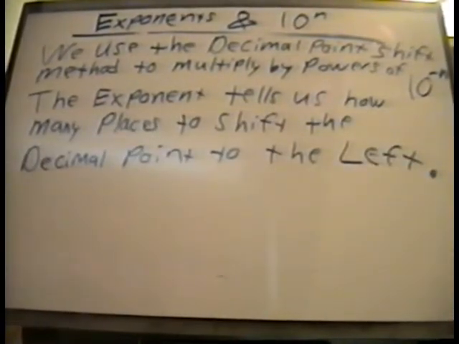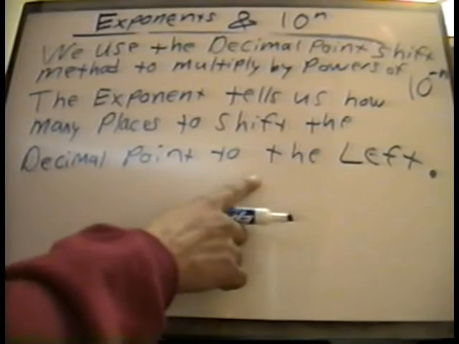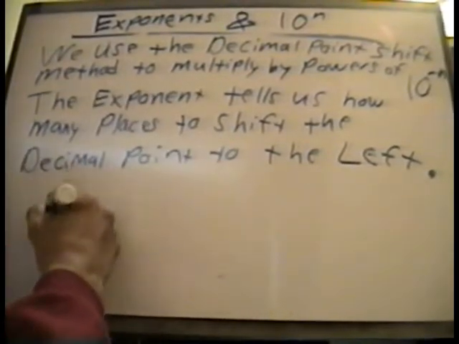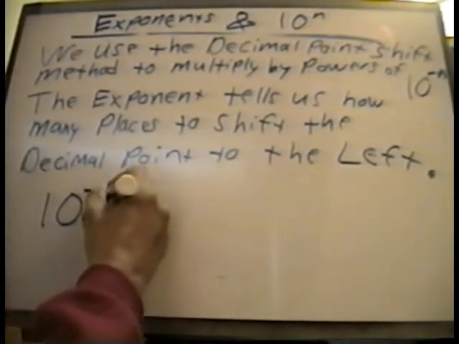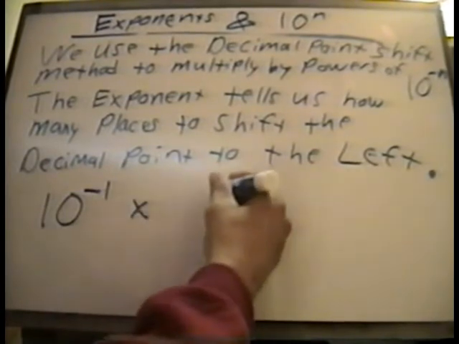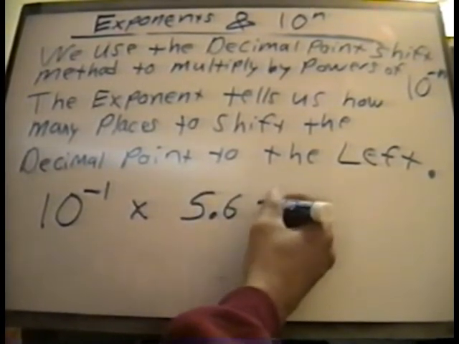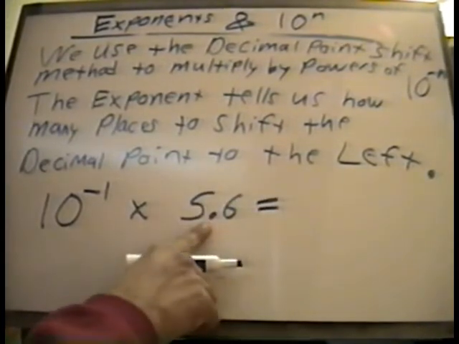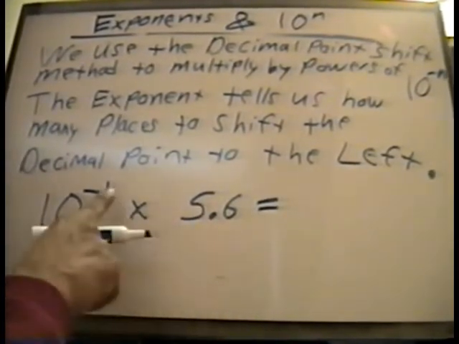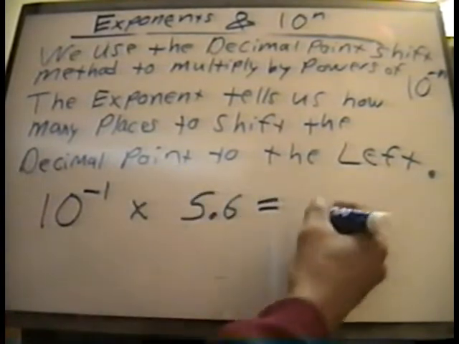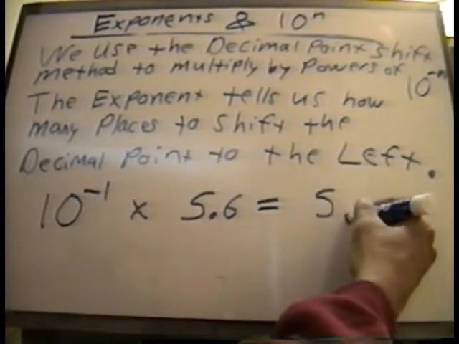So if I have 10 to the power of negative 1 times 5.6, that's going to mean I shift the decimal point once to the left because we have a negative. So I shift it to the left, and that gives me 0.56.